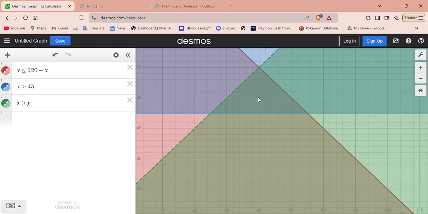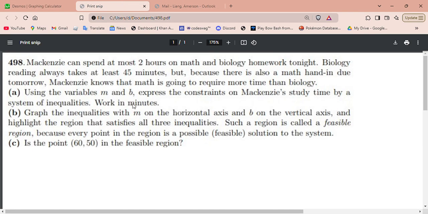But let's say in another case that we don't have such a beautiful, accurate computer graph, or Desmos for that matter. We would have to do this algebraically. Remembering what they said in part B, the region highlights where all three inequalities are satisfied.